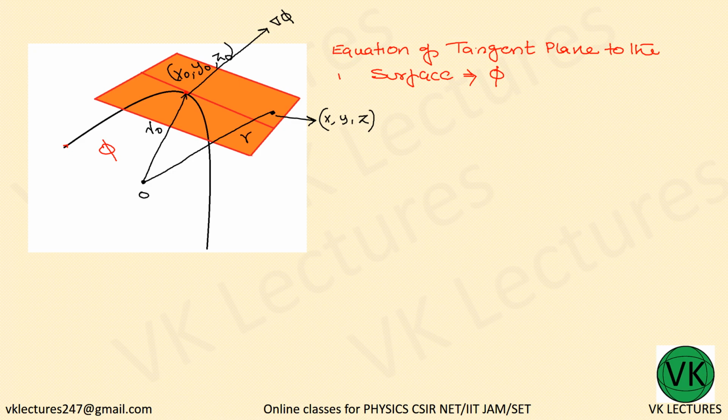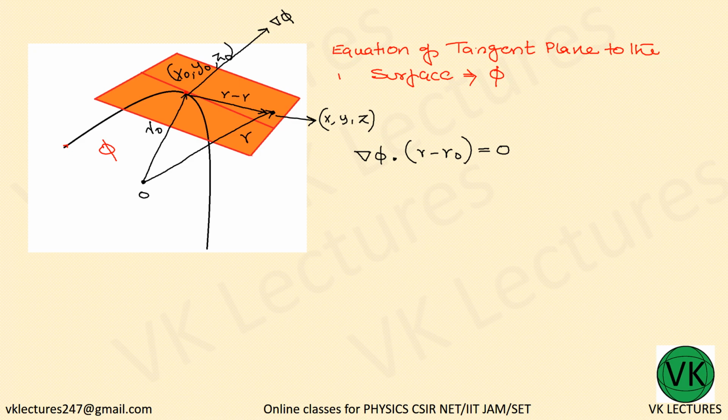Okay, now del phi dot r minus r naught will be equal to 0. Now what is this r minus r naught? These two are vectors, r and r naught. Now this particular vector is nothing but r minus r naught.